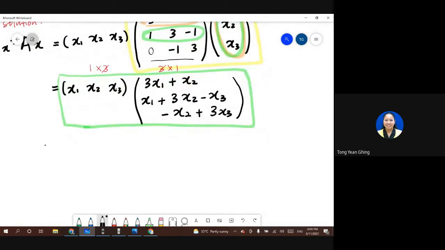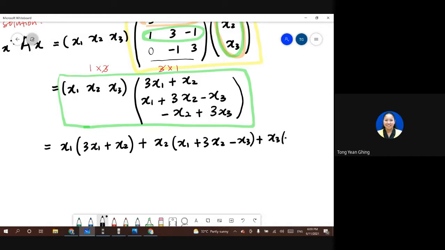So it will become x1 times (3x1 plus x2), and then plus x2 times (x1 plus 3x2 minus x3), plus x3 times (negative x2 plus 3x3).